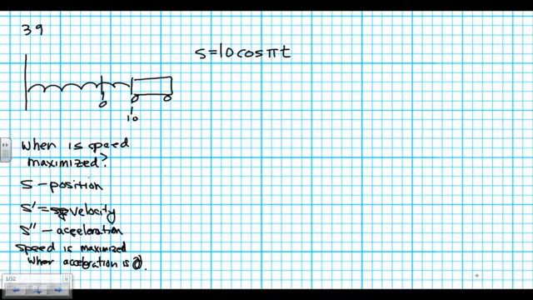So here's our position. We've got to get all the way to taking S double prime, and in taking S double prime, we need to set it equal to 0 to find out when it's equal to 0. So let's think about taking that first.